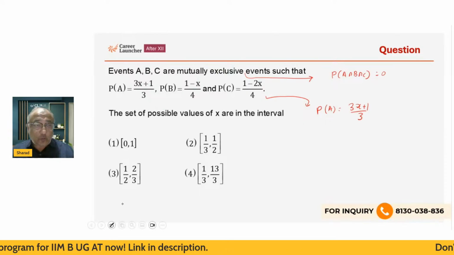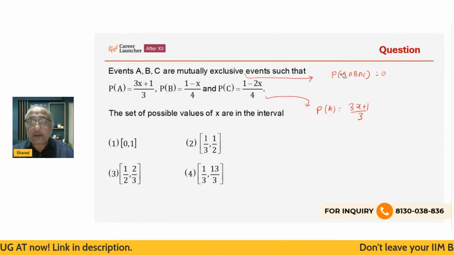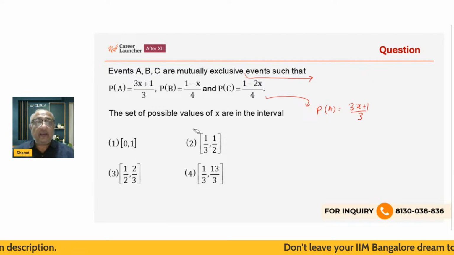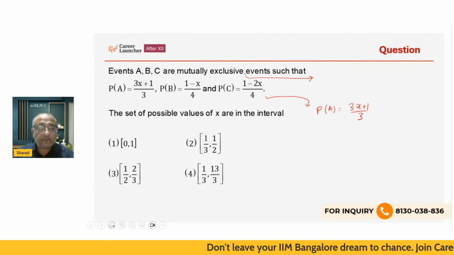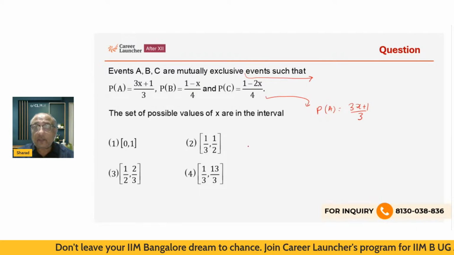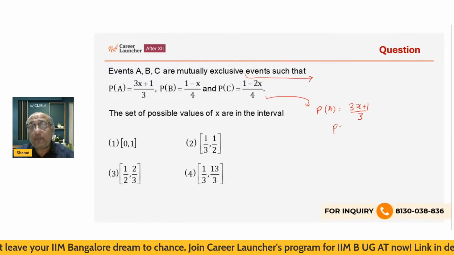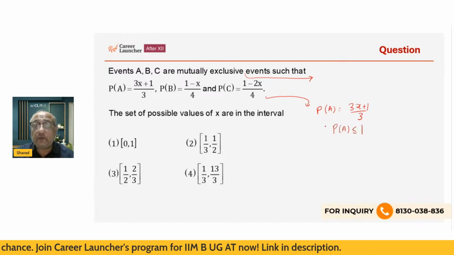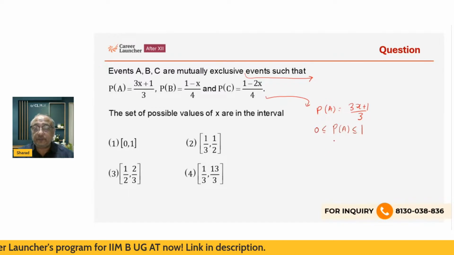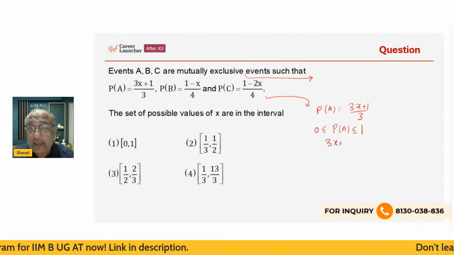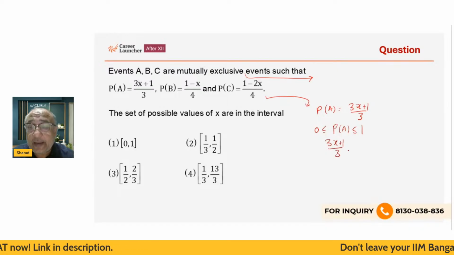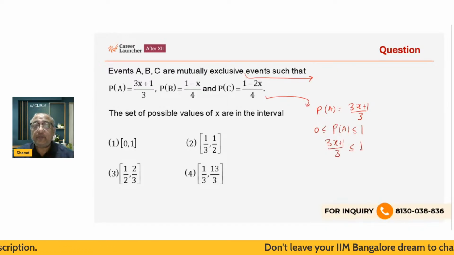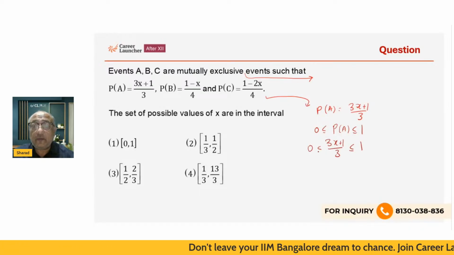That is what you should remember about mutually exclusive events, right? Now let us do this question. The first thing: probability of A is between 0 and 1. This is the fact which you should remember. So 3x plus 1 by 3 is between 0 and 1.